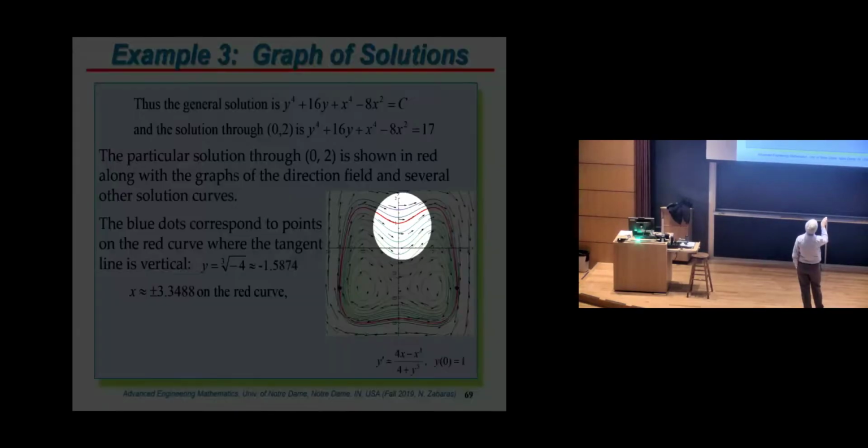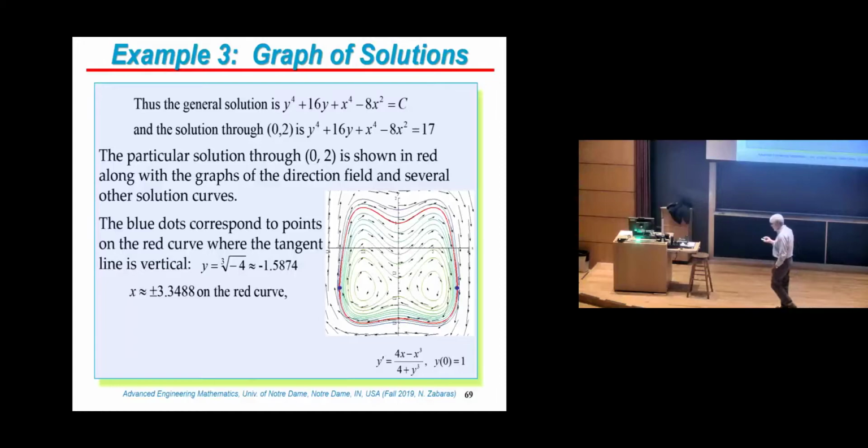So for x equal to 0, y equal to 1, you can see for that solution, at x equal plus minus 3.34, the value of y gives you a slope that goes to infinity. But again, two different natures of solutions for the various separable equations that we have seen in this lecture.